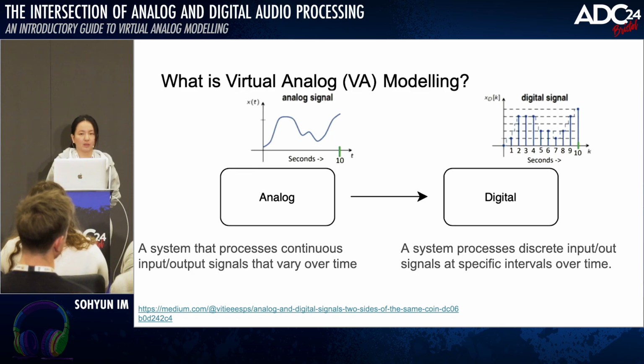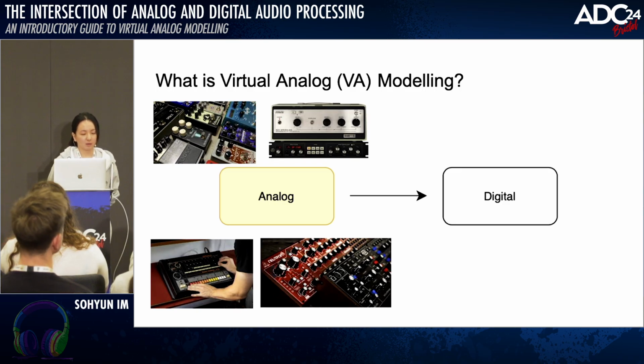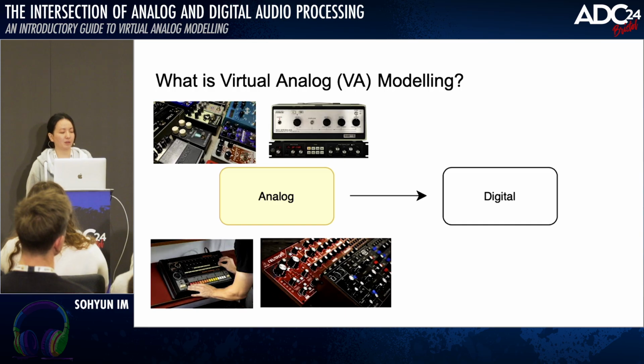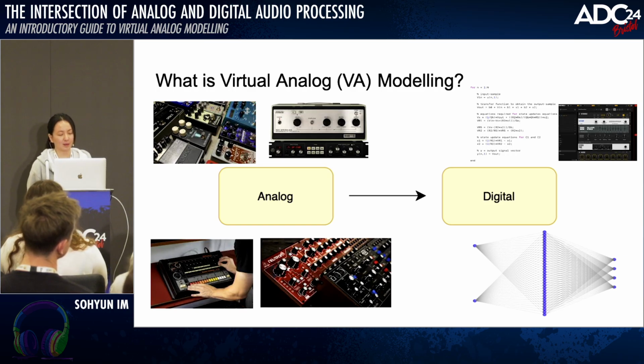The analog system can be a guitar pedal or any audio units like reverb units, and there are many more. It can be drum machines, and also analog synthesizers. And the digital system can be any digital signal processing script, for example a MATLAB script or Python script, C++, whatever. And it can be a plugin. I think this is Guitar Rig from Native Instruments.